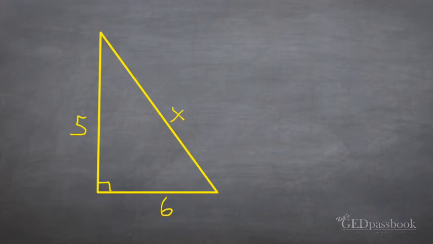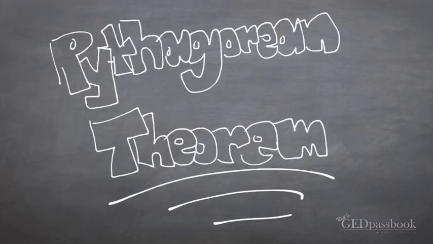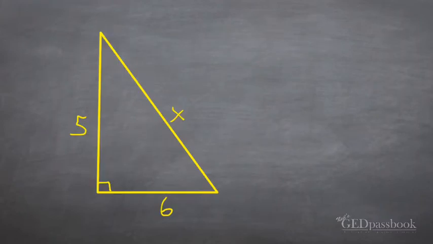When you are asked, and pay attention, when you are asked to find the missing side of a right triangle, no, not the area, no, not the perimeter, no, not the volume, everything that we're going to be hitting this week and next week, I'm not asking about all that. When you are asked to find the missing side of a right triangle, your brain should immediately go to the Pythagorean Theorem. Alright? What is the Pythagorean Theorem?